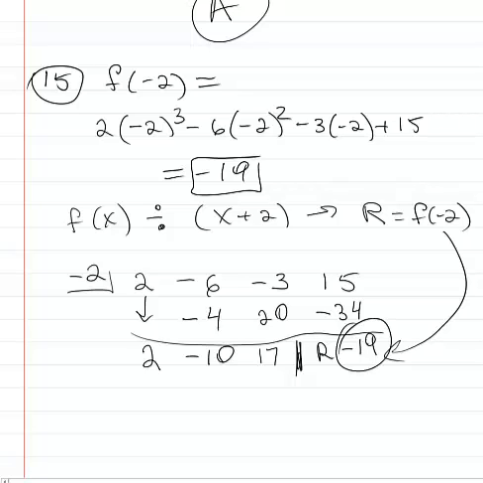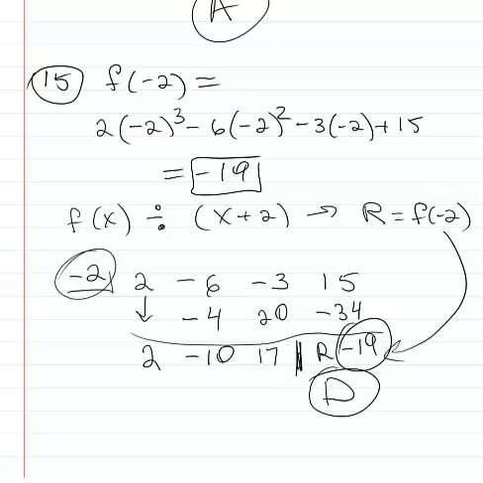So this is the idea: when you take a polynomial and synthetically divide it by a given number, the remainder you obtain is actually the functional value, which is a pretty interesting theorem. So in this case, it's choice D. Let us continue with this.